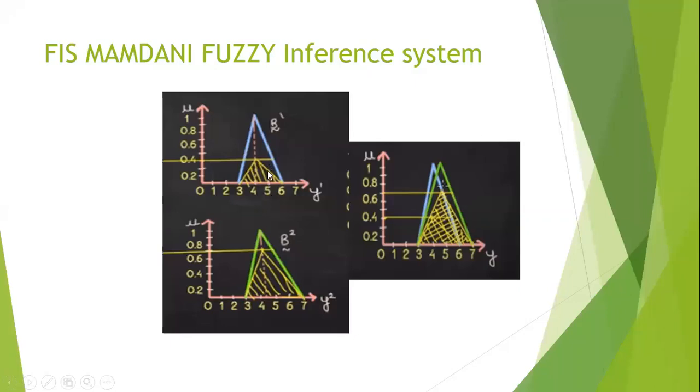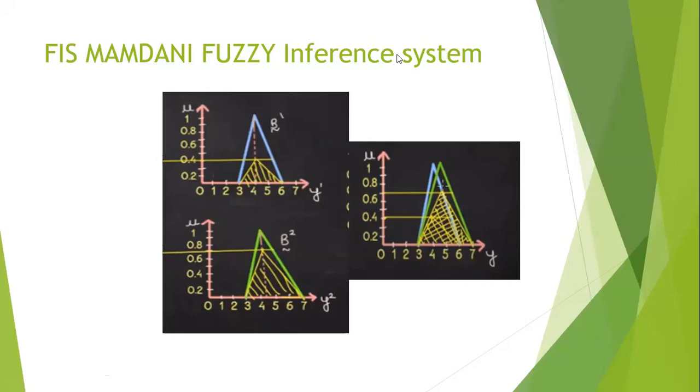So the overlapping regions of 0.4 and 0.7, you need to consider again for defuzzification of the fuzzy inference system. That defuzzification method we will be learning in our next class.